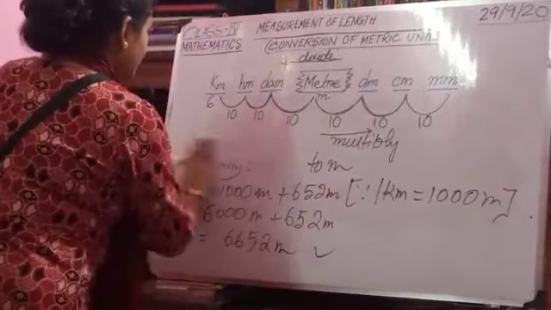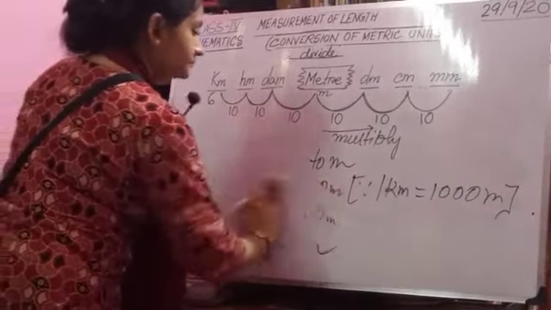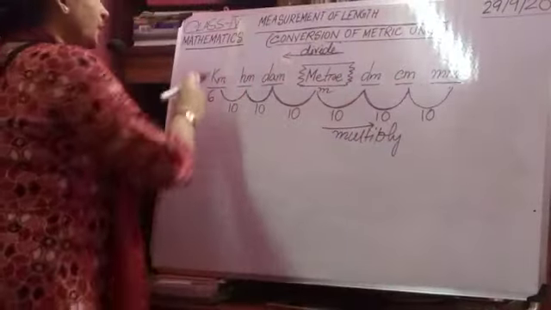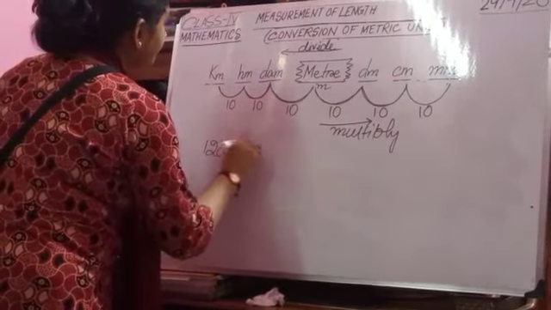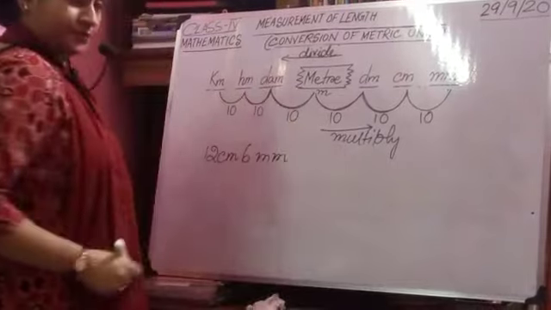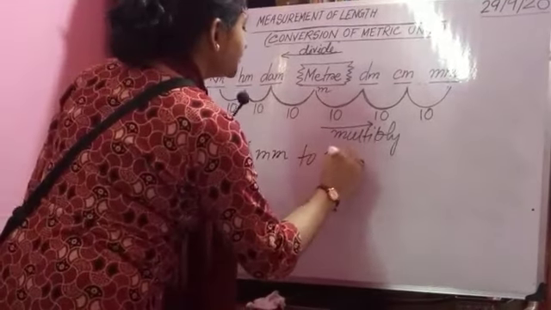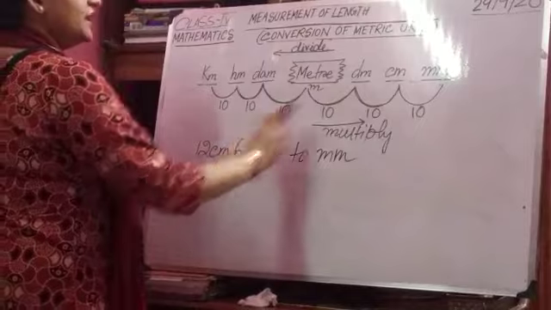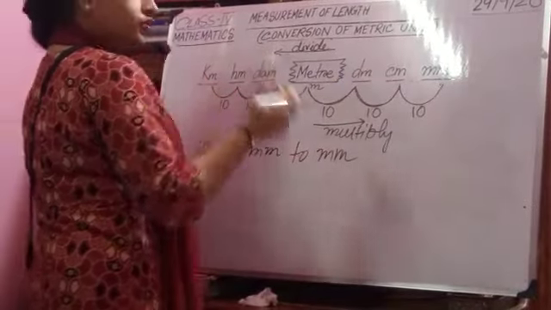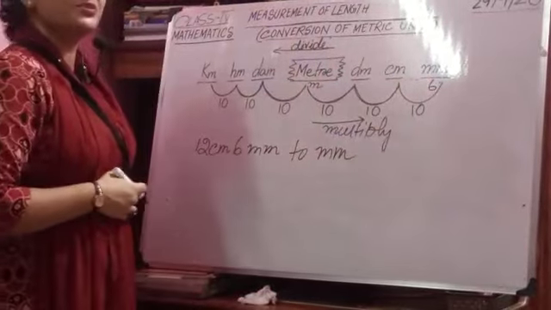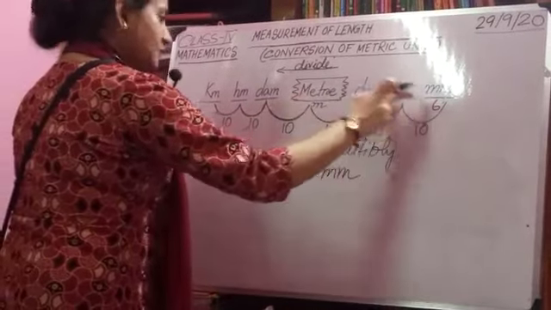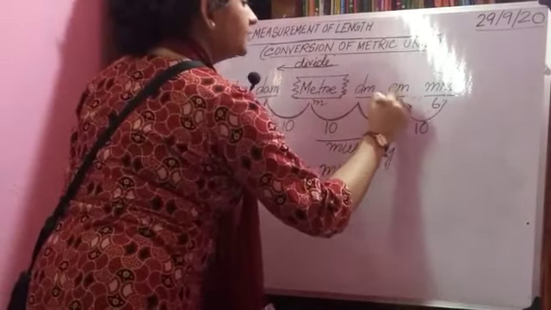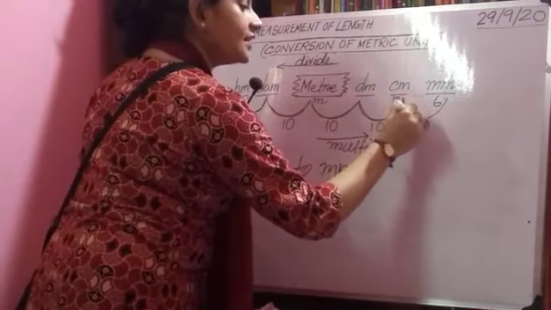Right children? Now, let us convert centimeter to millimeter. Right? 12 centimeter, 6 millimeter. We have to reach here and 6 is already here only. It has reached its destination, right? Now 12 has to reach this place and 12 is sitting over here. So how many gaps will it have to travel?